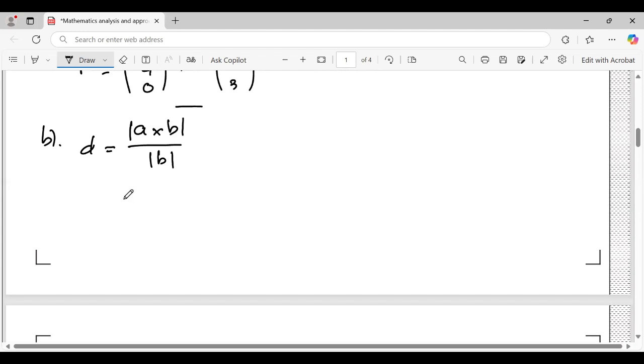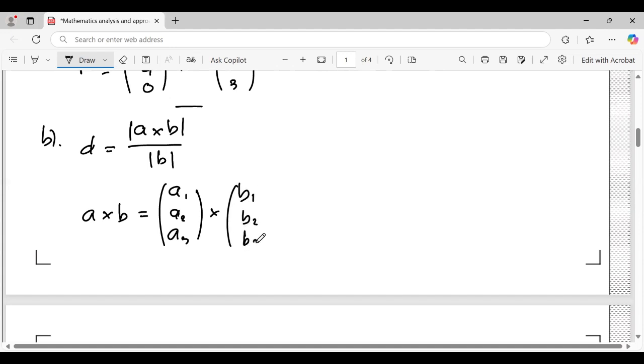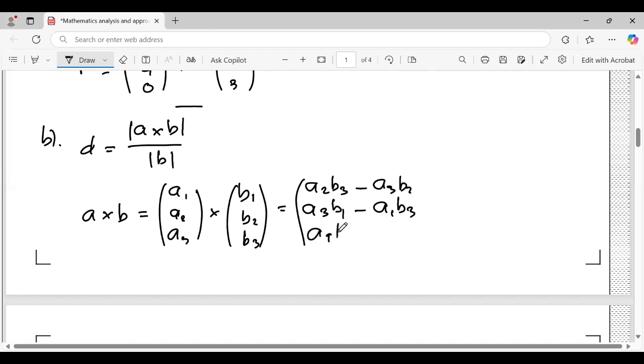The cross product of two vectors, if A has elements a1, a2, a3 and B has b1, b2 and b3, the cross product is a2b3 minus a3b2, then a3b1 minus a1b3, a1b2 minus a2b1.